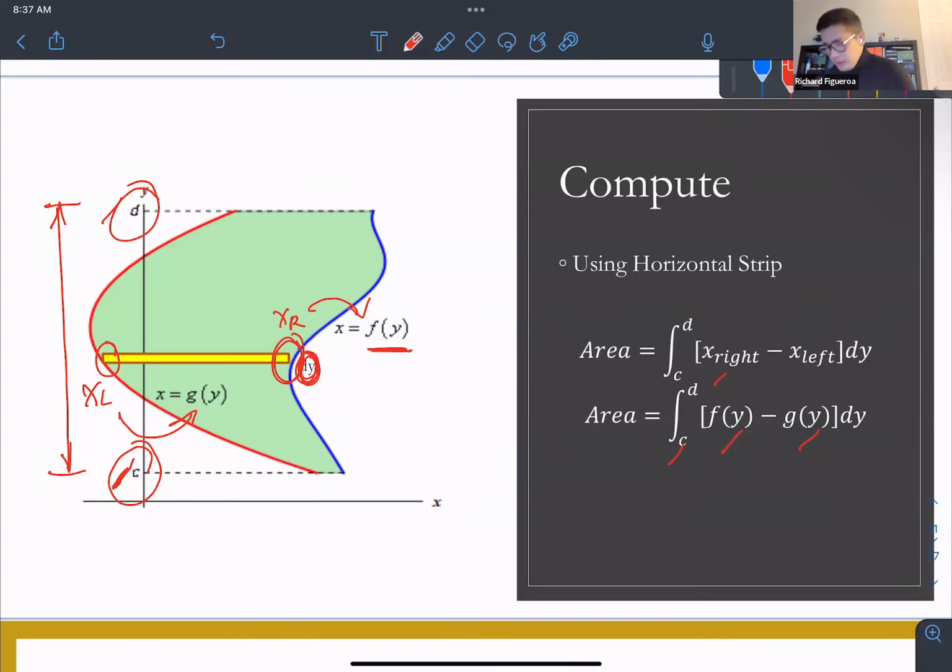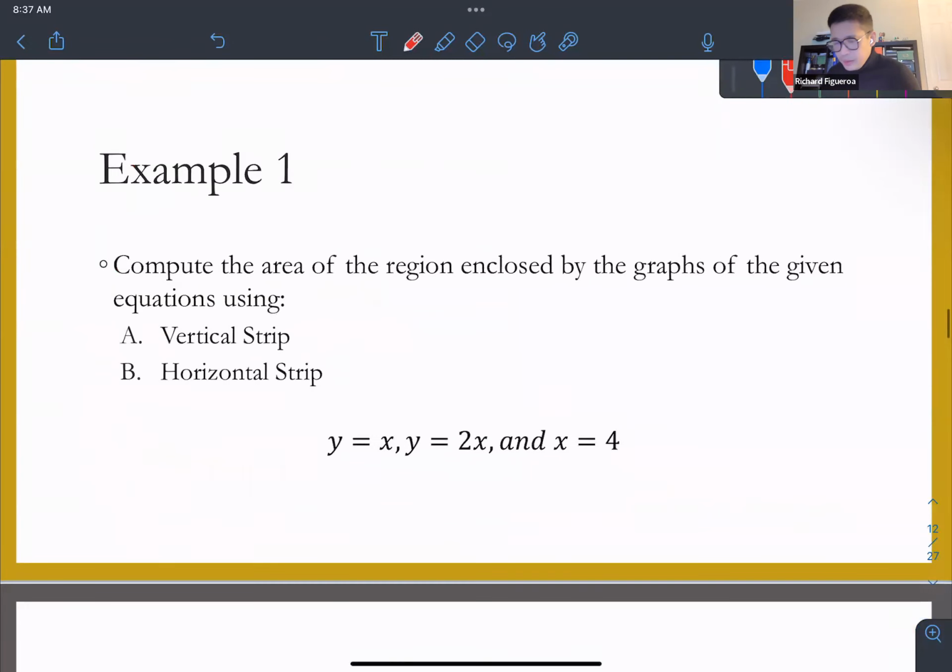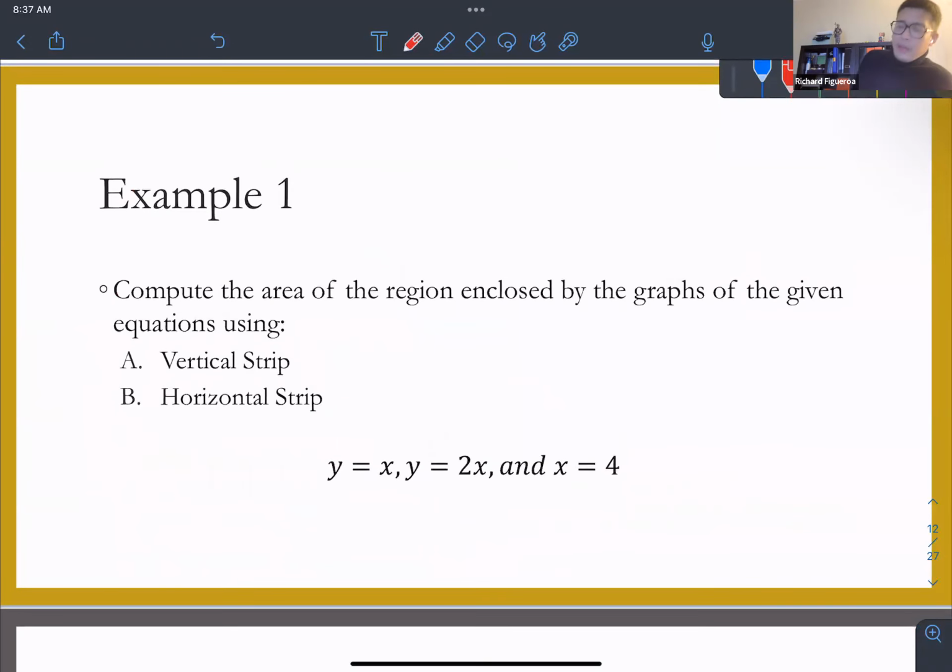Okay. So to better understand that, let's have our first example. So we are to compute the area of the region enclosed by the graph of the given equations, using first a vertical strip, the second one a horizontal strip. In this particular example, possible yung vertical strip and the horizontal strip.